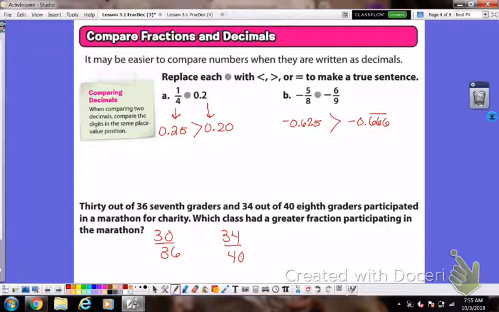We change those to decimals, 0.83 with the 3 repeating compared to 0.85. Well, 0.83 is less than 0.85. Now we need to make sure we actually answer the question. This was our 8th graders over here. That was the greater one. So we had 8th grade had more participants.